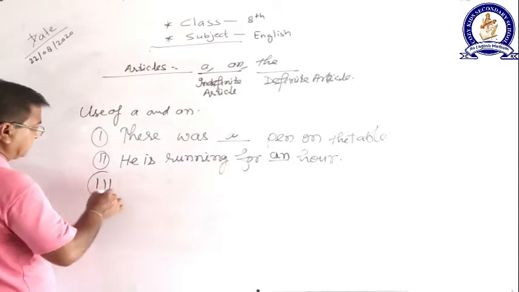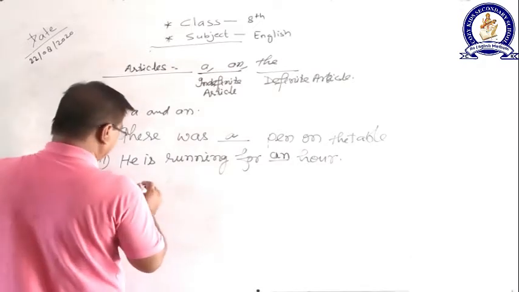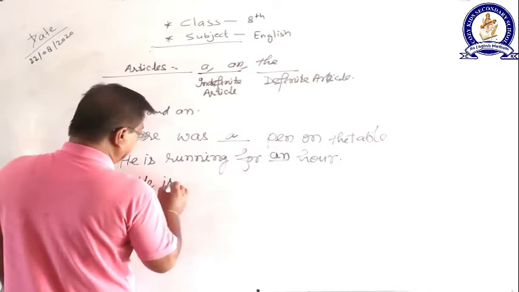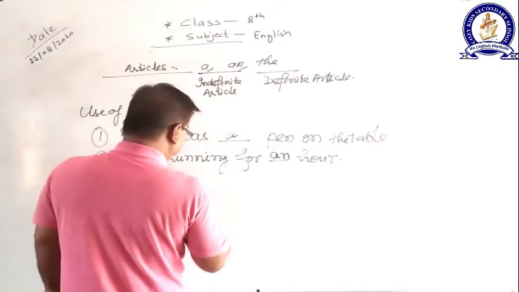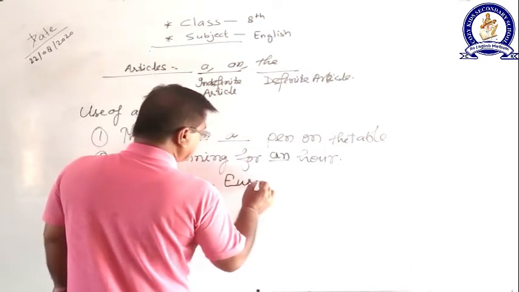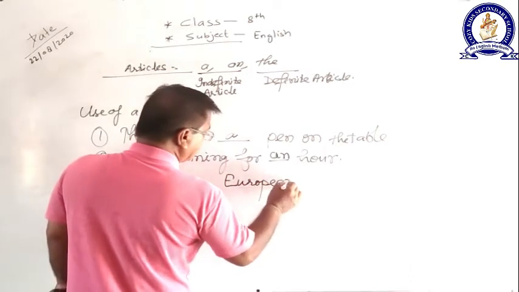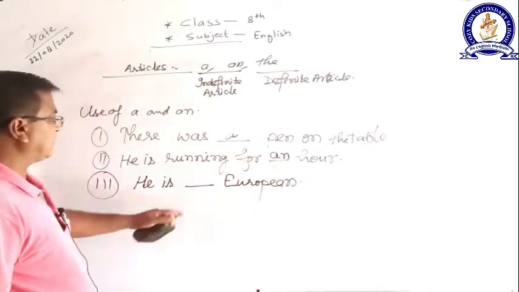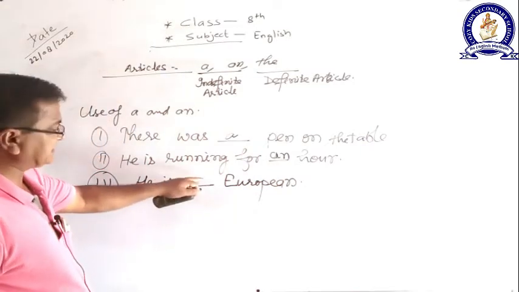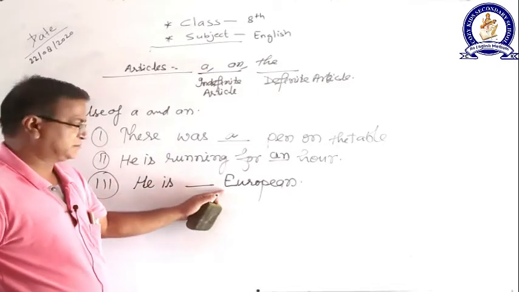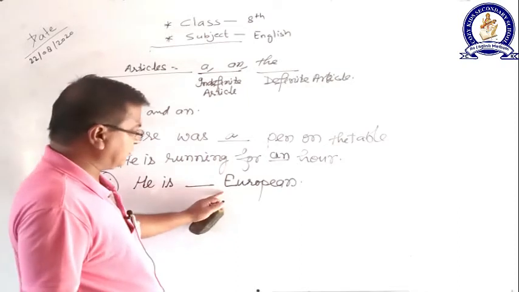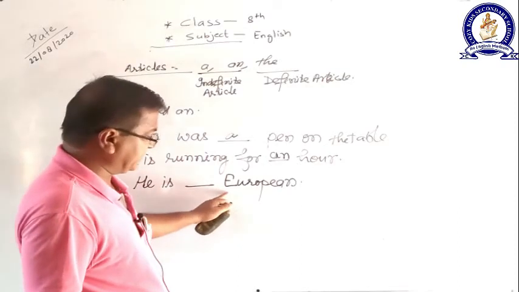Third one: He is European. Which article will be used here? It's starting with a vowel, but what is being pronounced?